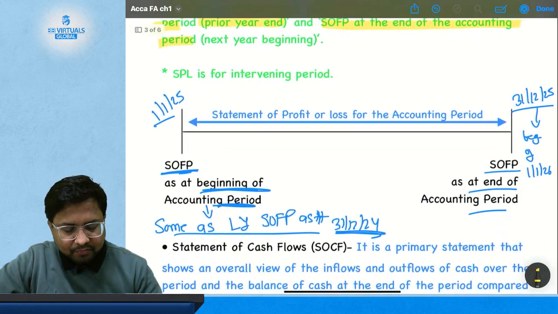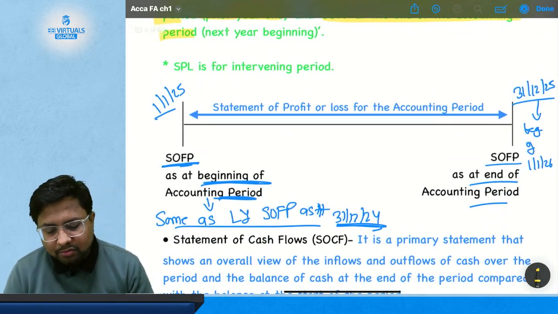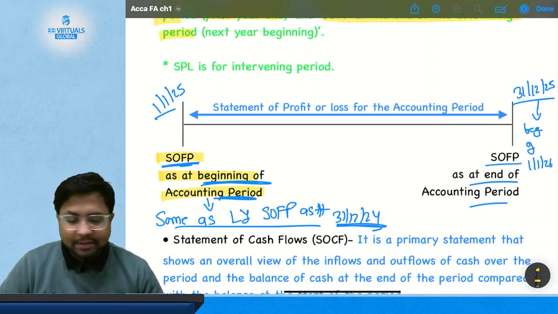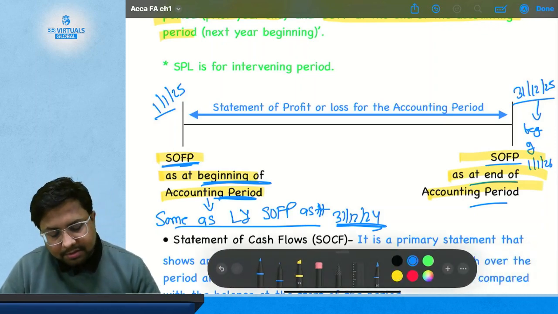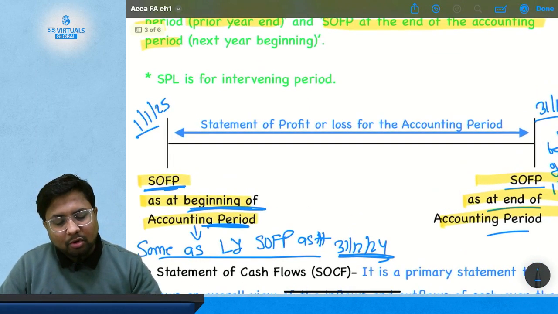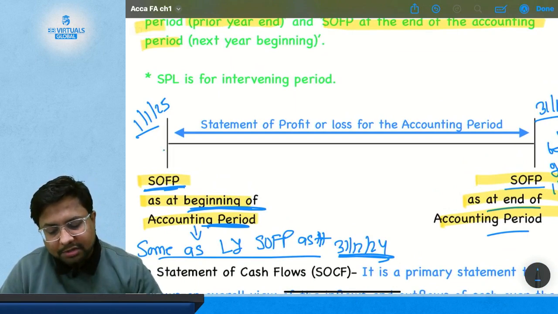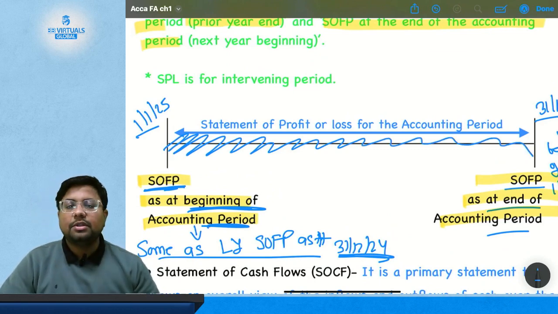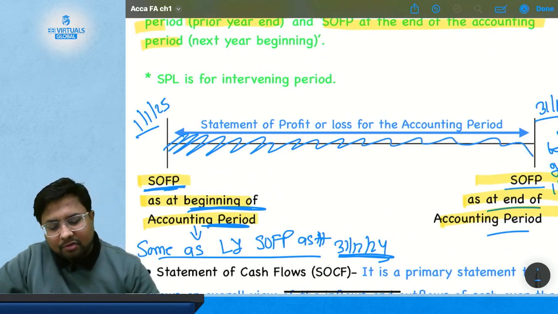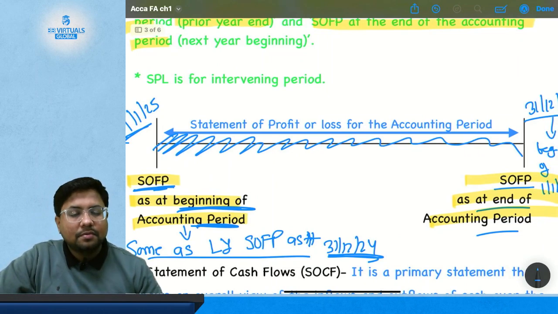Okay. Now, you have SOFP at the beginning of the accounting period and SOFP at the end of the accounting period. But the statement of profit or loss will cover all the transactions during this accounting period, that is from 1st of January to 31st of December.